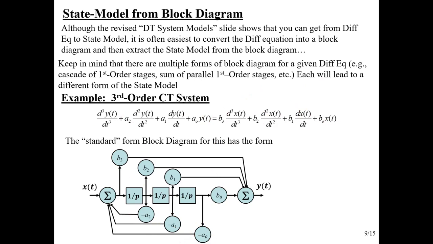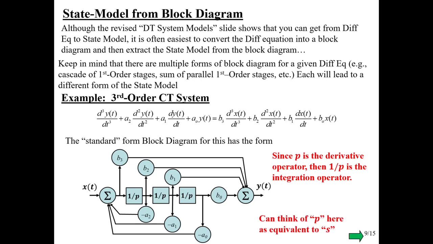So this is a fairly standard form for the block diagram. It has a name, and we'll allude to that later. Now the P is the derivative operator, so 1 over P is like an integration operator. So we think about the output here is the integral of whatever's going in. So again, if you've taken control systems, you might know that the 1 over S box is viewed as an integrator.